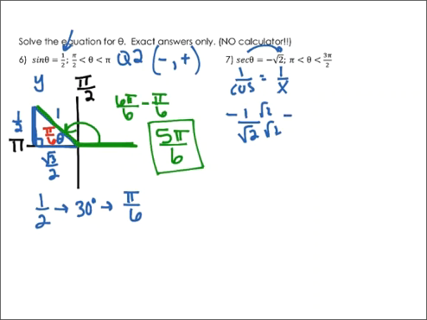So I have negative radical 2 over 2. There's one of my magical numbers. Remember, our magical numbers are 1/2, radical 3 over 2, radical 2 over 2. Those are really the only values you're going to be using. All right, cosine is negative.